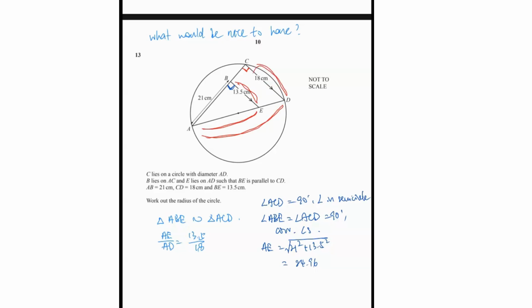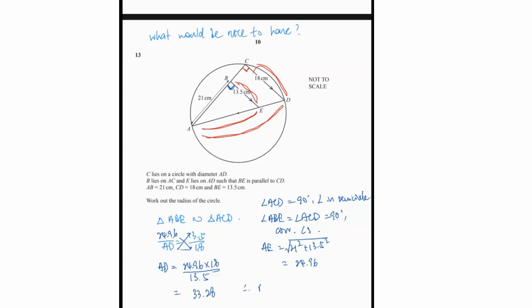I know AE is 24.96, so I just sub this in. Simple algebra, cross multiply and figure out the answer. So AD is 24.96 times 18 divided by 13.5, which is 33.3. Leave it for SF first.